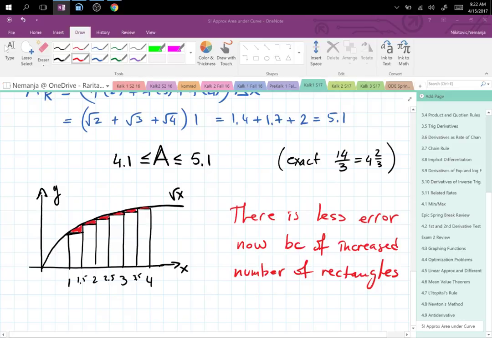Which means that if you have infinitely many rectangles filling the space underneath the curve, and there's no room for error, those rectangles will give you the exact area. And that is where the Riemann sum kicks in. So when you add those infinitely many rectangles, you get the area.